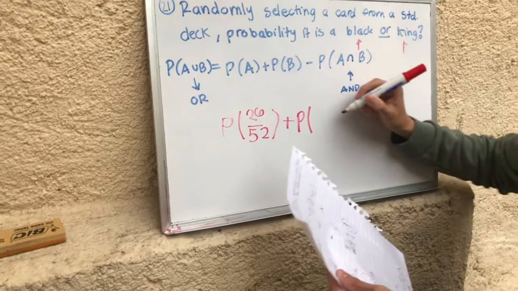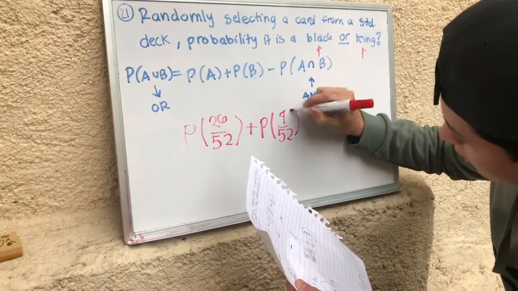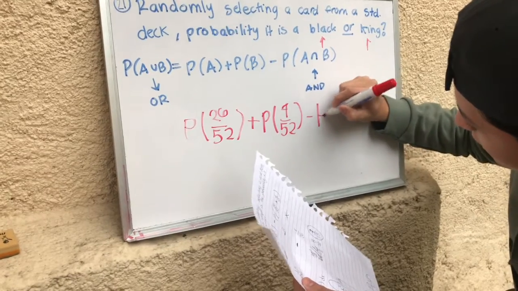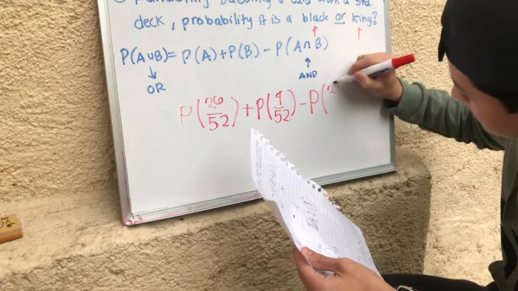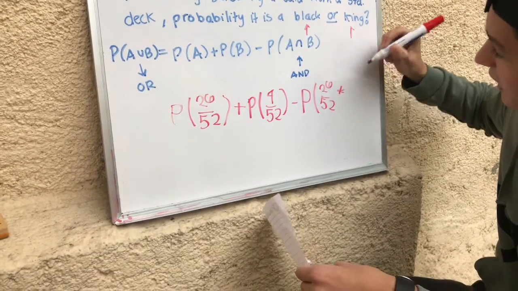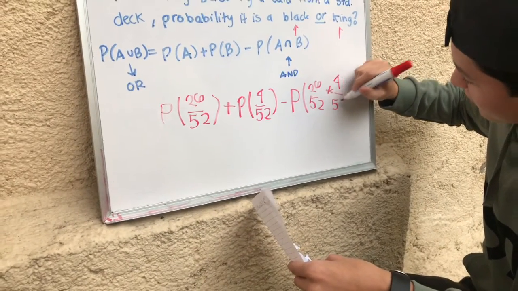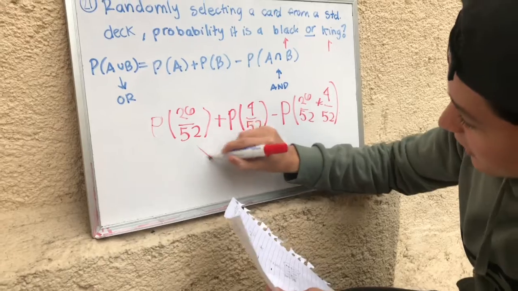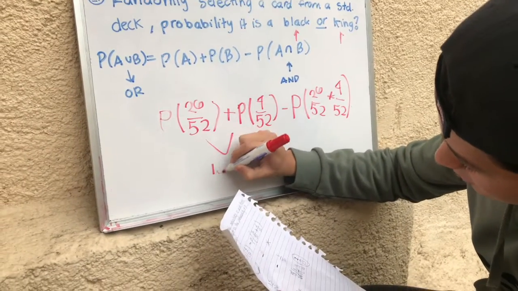For a king, we know it's 4 over the total of 52 cards, minus the probability of these two multiplying. So it is 26/52 times the probability of B, which is 4/52.